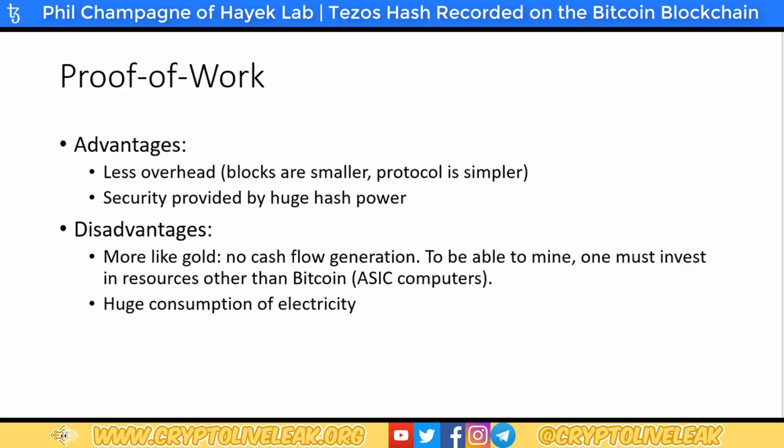That means ASIC computers, just like a gold mining company needs to buy huge trucks, acquire or lease land, and acquire very expensive chemical processes to extract the gold out of the dirt. And all of that is not gold. It's investing in other things, and most of it is operating costs that you have to expense. So that's a very big difference.